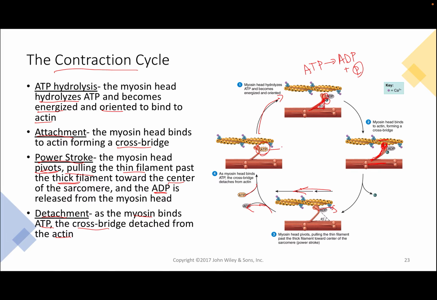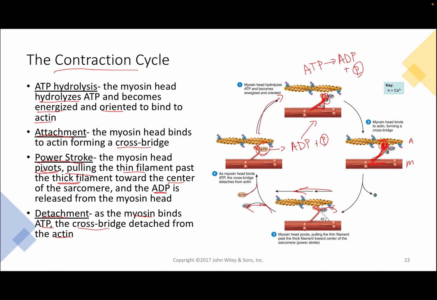Where ATP is now going to be hydrolyzed to ADP plus our phosphate molecule, we're now energized and orientated. We're ready to have the cross bridge forming, where we're having this attachment between myosin and actin. We then are going to pivot and pull.